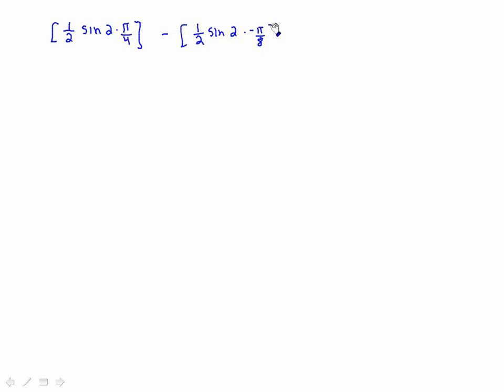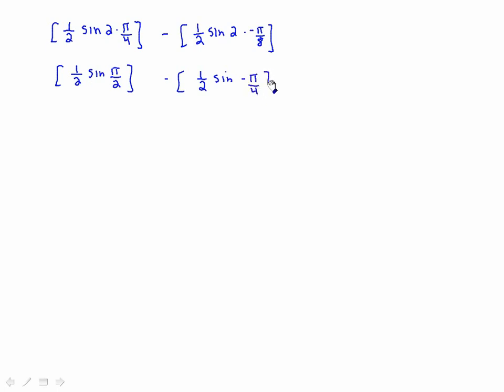Now we would certainly expect a positive answer in this case because we can see by inspection of the graph that we are above the x-axis. So this is then 1/2 sine of 2 pi over 4, which is pi over 2, minus 1/2 sine, well, 2 pi over 8 is pi over 4, so this is negative pi over 4.